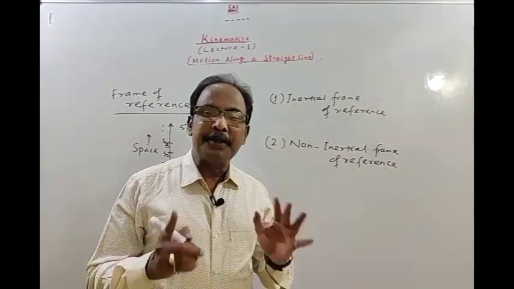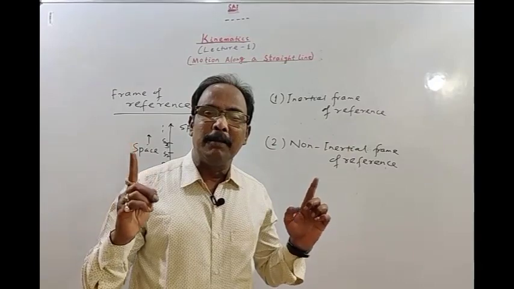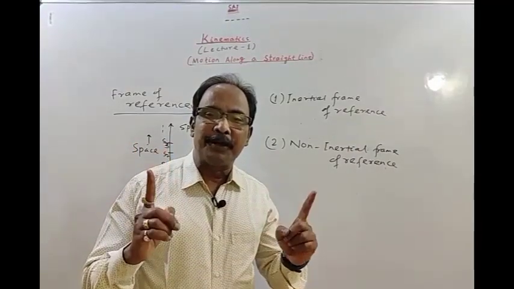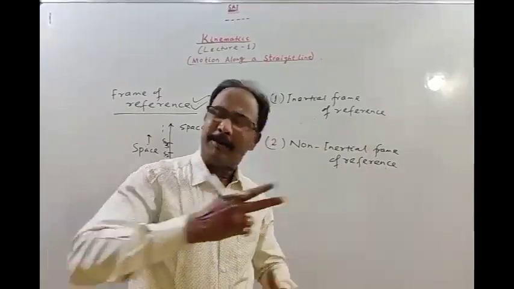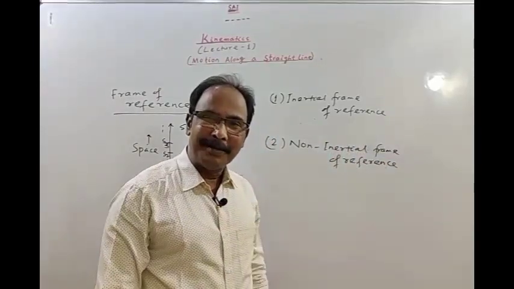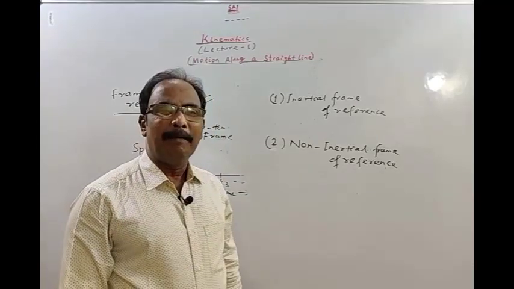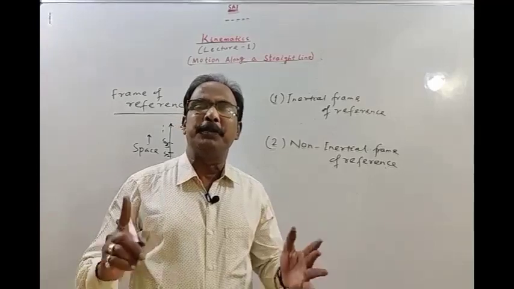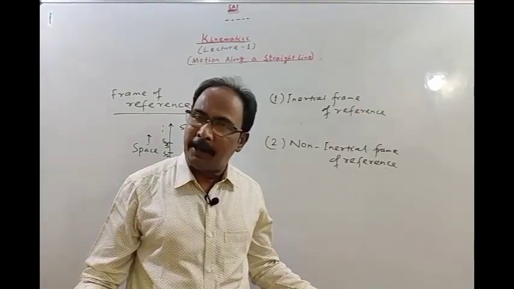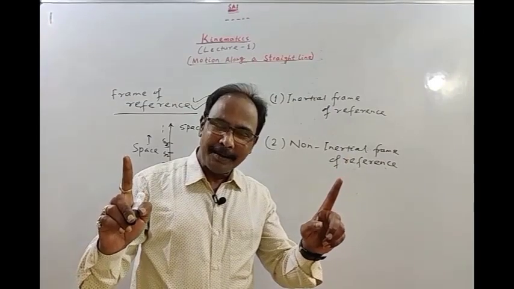A body or a system moving uniformly means it is moving with constant velocity. Constant velocity means speed is constant and direction is constant. Okay. A frame of reference is inertial if it is either at rest or moving uniformly, means velocity is constant.